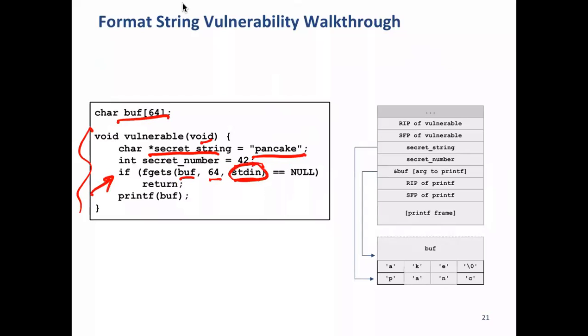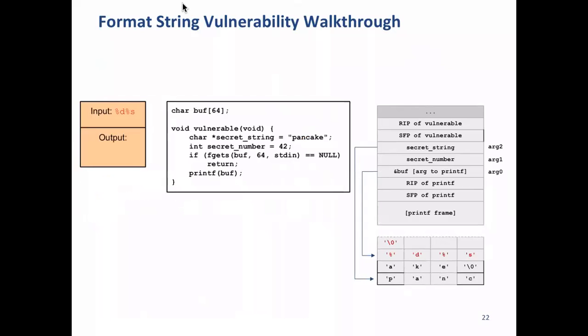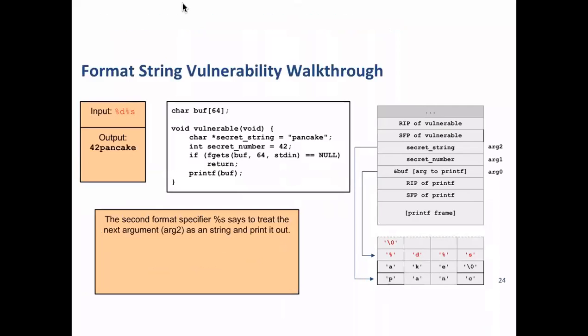Now here, if you give appropriate input, then you can come to know what the secret number and the secret string are. For example, if you give %d and %s, then corresponding to %d you will get 42, and corresponding to %s you will get pancake. So you can get both the secret number and the secret string. Please go through this example by yourself.